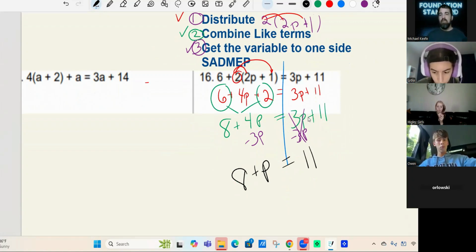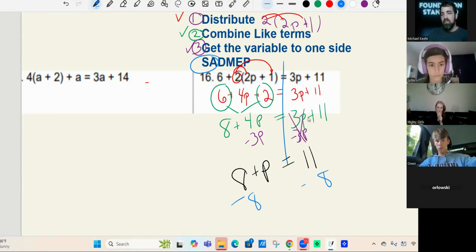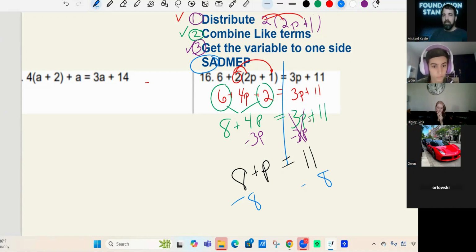So now this becomes a one-step equation where I'm just going to look at that very last step, order of operations in reverse. And the only thing to do here is add or subtract because there's only an 8 plus p. So I would just subtract 8 from both sides. And that would give me p equals 3.